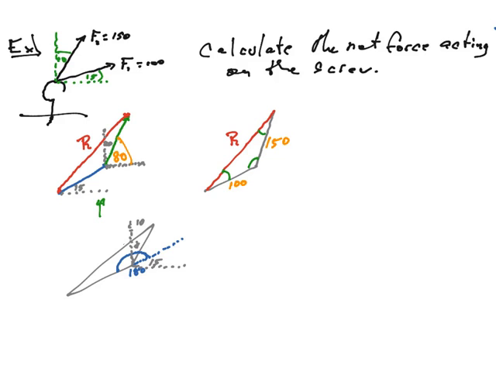Notice this blue angle, the blue angle there of 180. What is it made of? Well, first it's made of this angle, call it theta 1. Then it's made of this 10. Then it's made of this theta 2 thing right here.